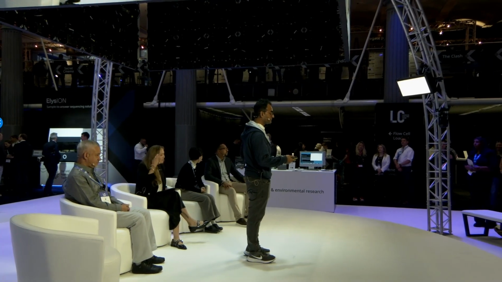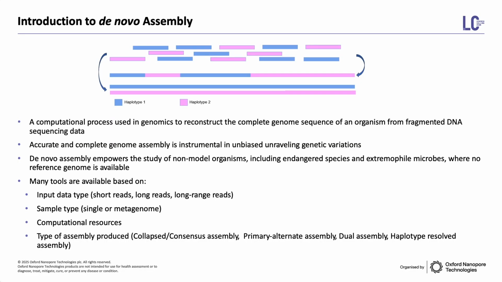Here I'll be presenting how we have generated telomere-to-telomere assemblies using only Oxford Nanopore data. Just to give a very brief introduction on what a de novo assembly is, it's a computational process of generating a consensus using a read data set.